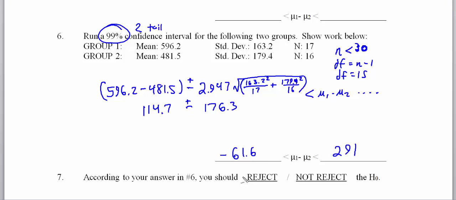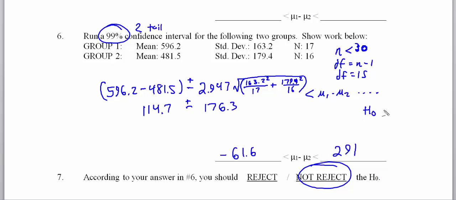Now you can definitely see that between the negative 61.6 and the 291, 0 is a possible answer, because you're going to have between these two averages, at the worst a difference of negative 61.6, and at the best a difference of 291. We are definitely not going to reject the null hypothesis, because 0 is a possibility.